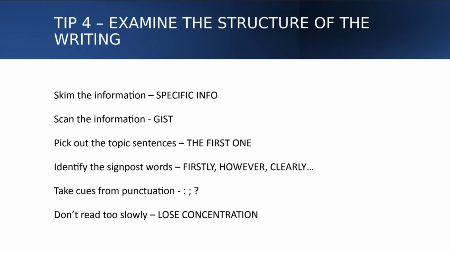Identify the signpost words: firstly, however, clearly. So when you're writing your assignment or a dissertation proposal or a dissertation, it's good to keep an eye on these words. These are signaling words: firstly, however, clearly, furthermore, moreover, in spite of, with regard to. These signify a change in direction.